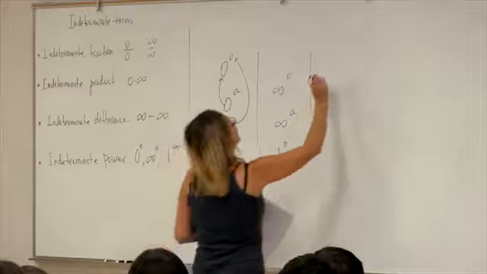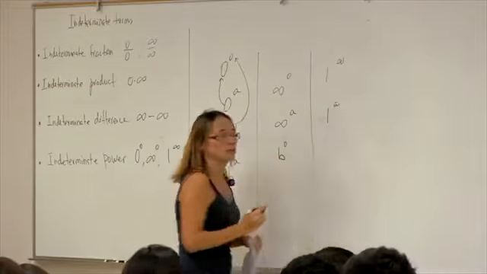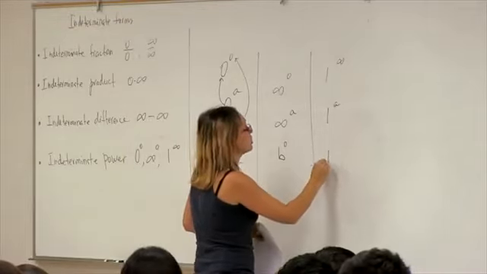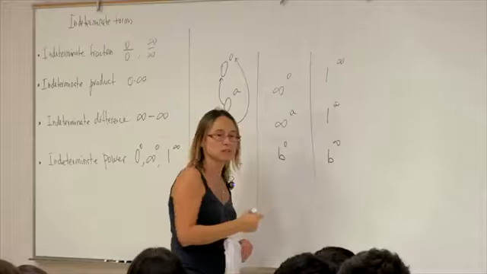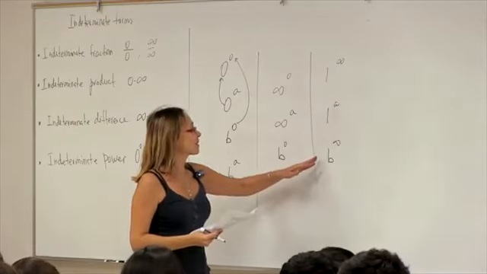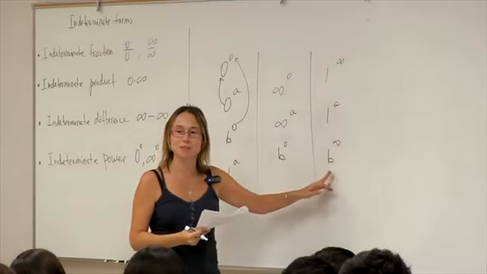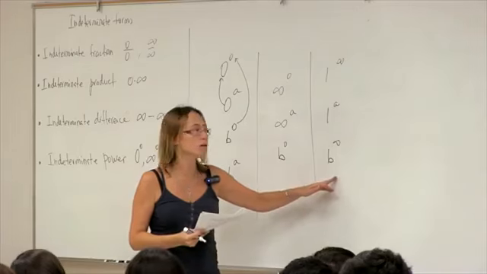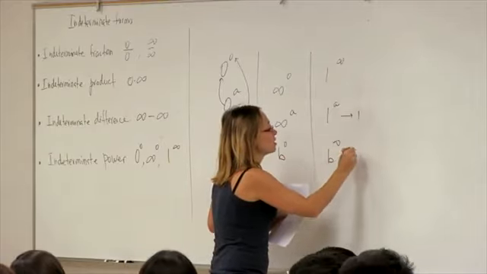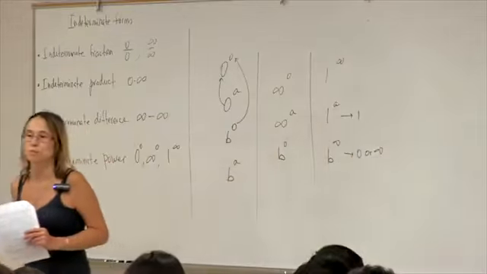And the last one is 1 to infinity. What's 1 to any power? That's 1, right? And what is b to infinity? Well, it depends. If b is greater than 1, then it's going to be infinity. If b is smaller than 1, it's going to be 0. But it's never 1. So this one wants to be 1, and this is 0 or infinity. So we have the contradiction.